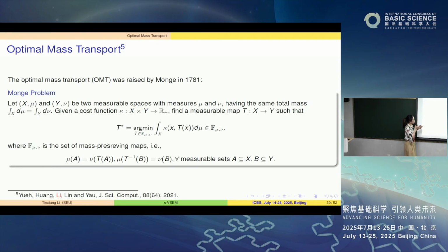Now we call T the optimal mass transport map, because we require the map to satisfy the mass preserving condition. For each subregion, the mass is equal to each other. So we call this problem optimal mass transport.